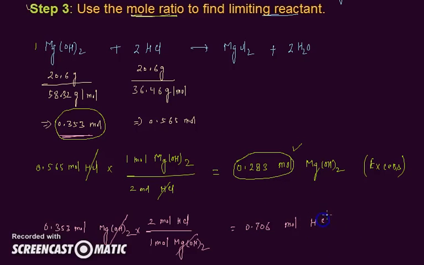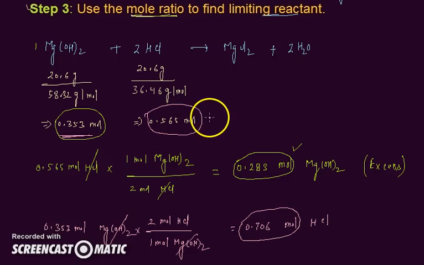Now we can compare the moles of hydrochloric acid. These are the moles of hydrochloric acid given in the problem, and these are the moles of hydrochloric acid required in the reaction. When we compare these numbers, you can see that 0.565 is smaller than 0.706.